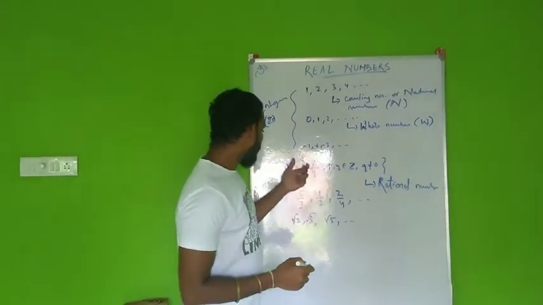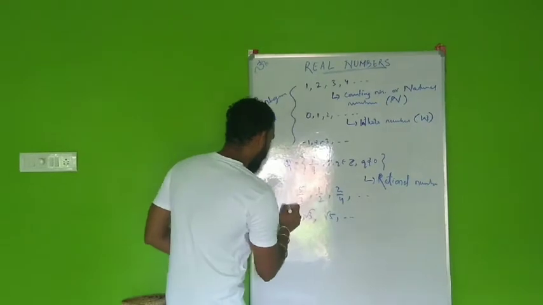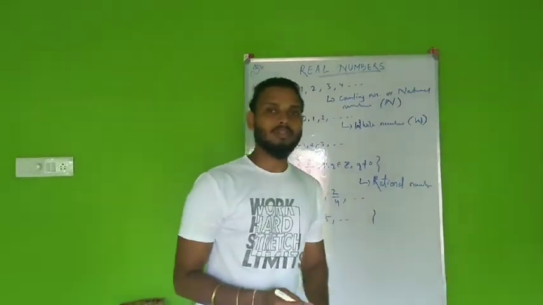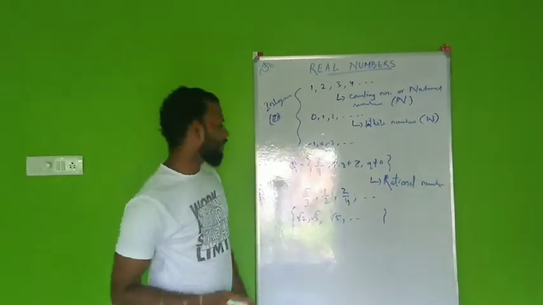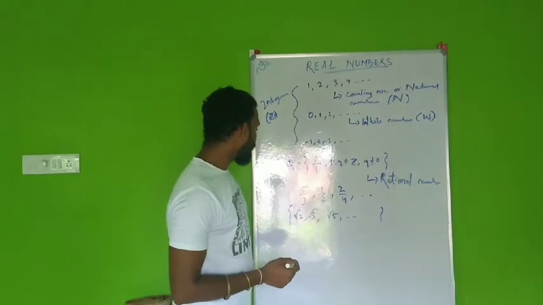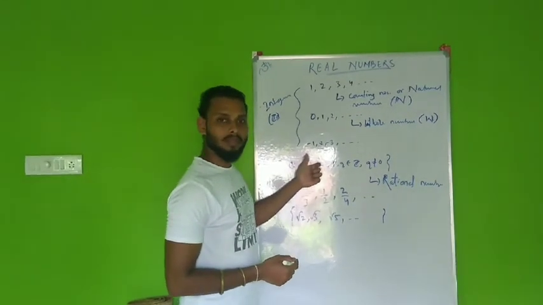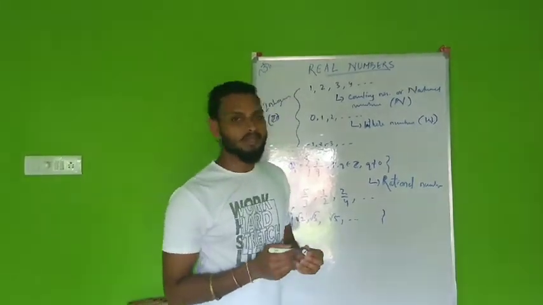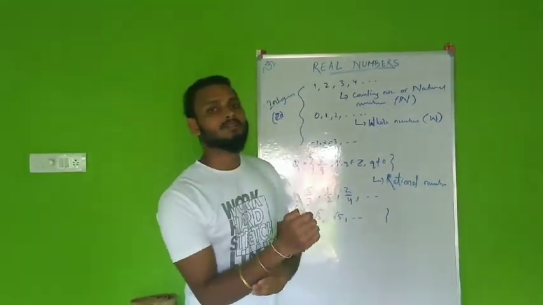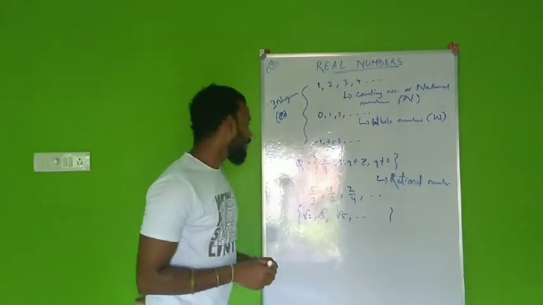We will differentiate rational and irrational numbers by taking some examples in the next class or in later classes. But for the time being, numbers in the form p by q will be my rational numbers, and the numbers that cannot be represented in the form p by q are called my irrational numbers.